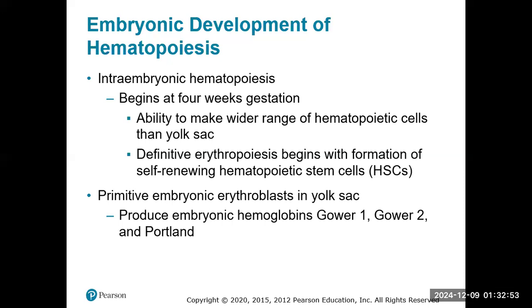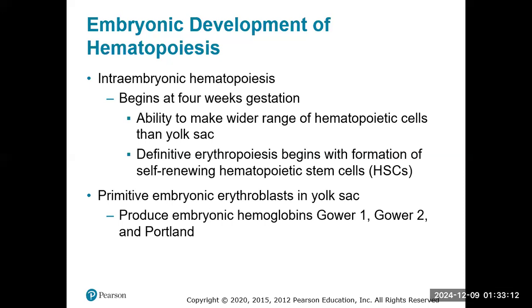The hematopoietic stem cells are what will actually go on to branch out and differentiate into all of our adult or normal white blood cells, red blood cells, and platelets. At this point, some embryonic hemoglobins are produced.